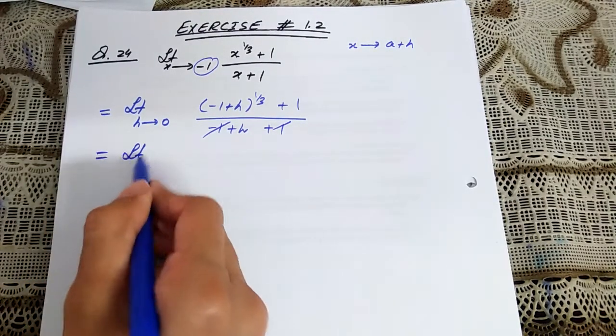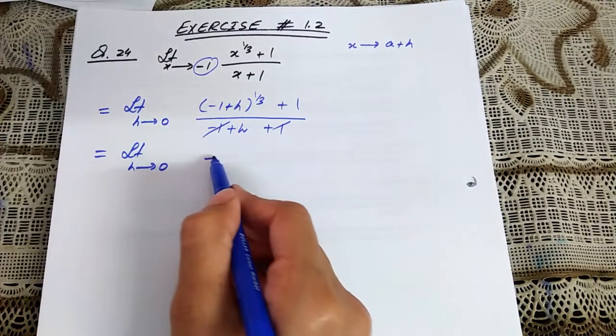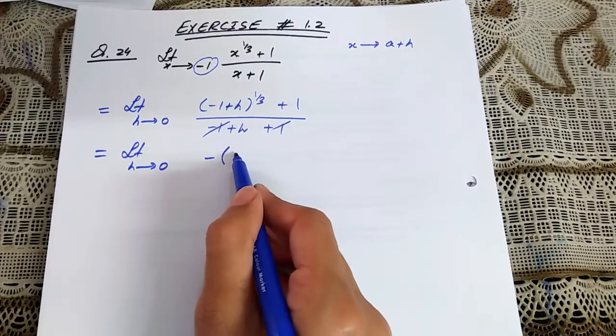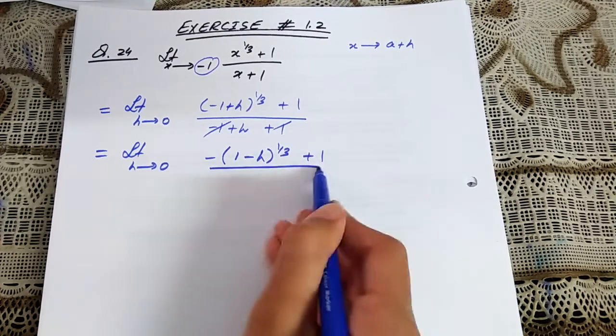We get the limit as h approaches 0. Now I am taking the negative sign common because the power is odd. Taking the negative sign common, I get inside (1 minus h) raised to power 1 over 3, plus 1 divided by h.